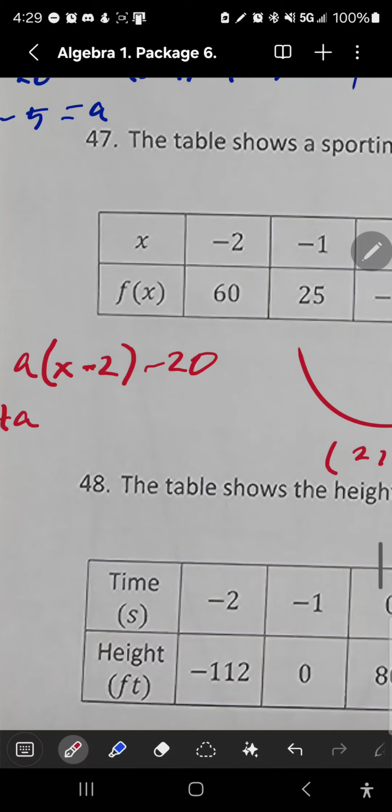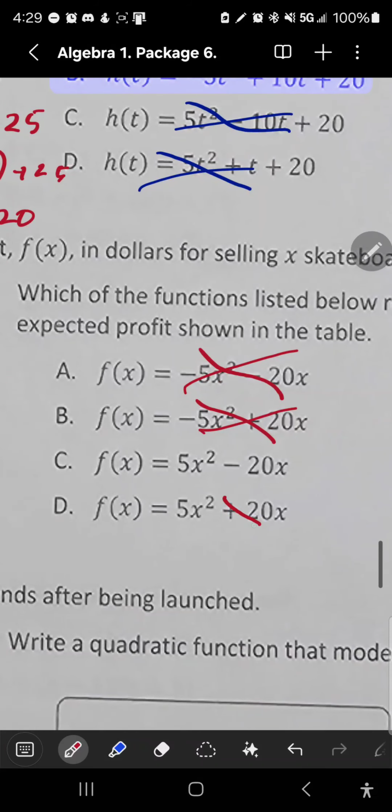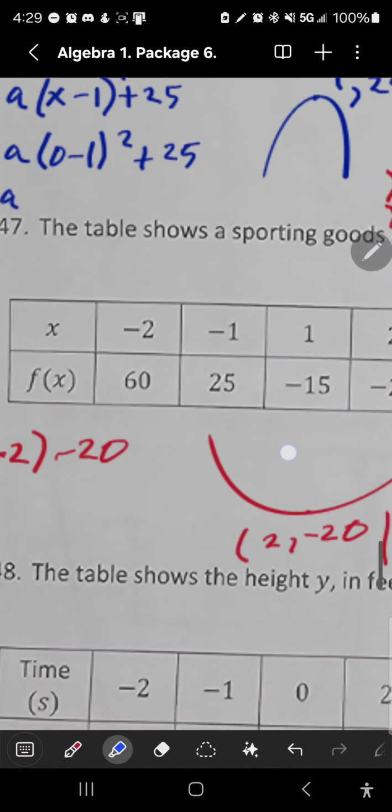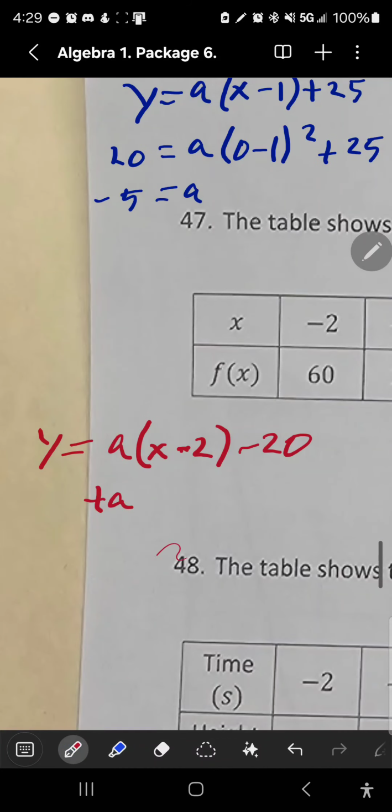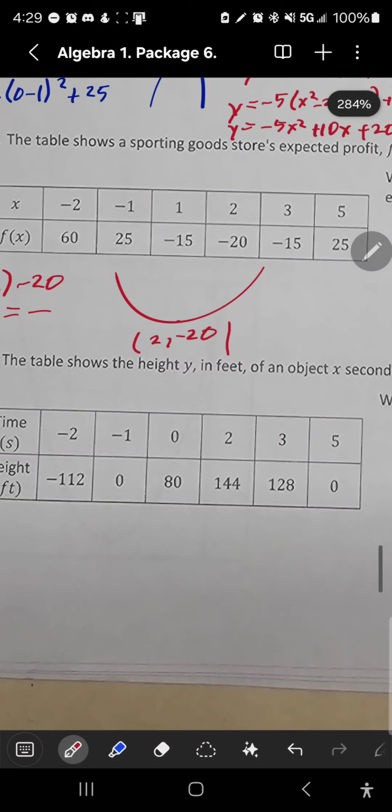So I know that the middle value, the value that has the x, has to be negative. It cannot be positive, because positive times negative is going to be negative. I'm going to use the same strategy. For multiple choice, it's really easy.